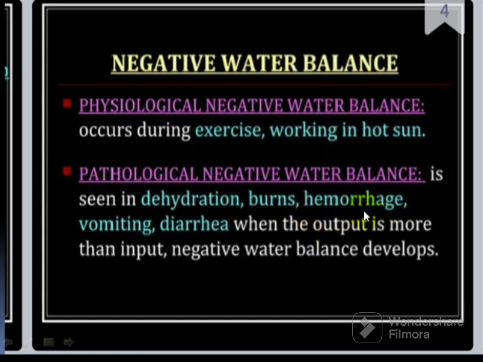Hemorrhage simply means excessive loss of blood. Alright? And then vomiting and diarrhea. I mentioned that earlier. These things can lead to a negative water balance. Alright?